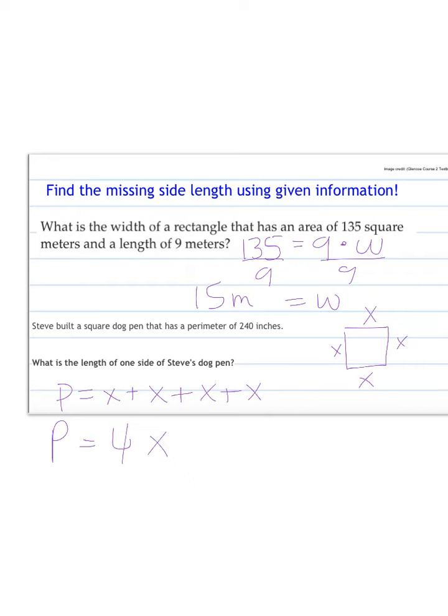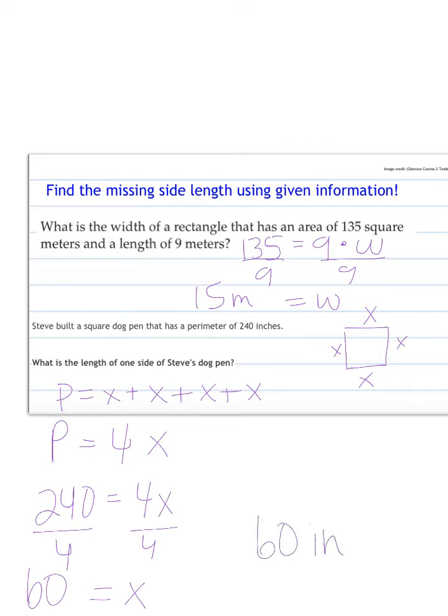His perimeter is 240. Solve for x by dividing each side by 4. 240 divided by 4 is 60. So the length of one side is 60 inches.